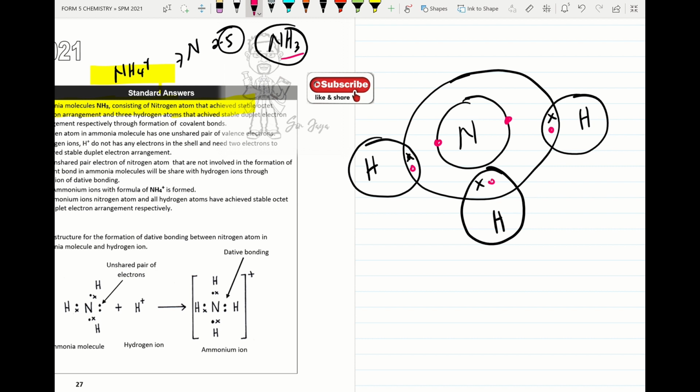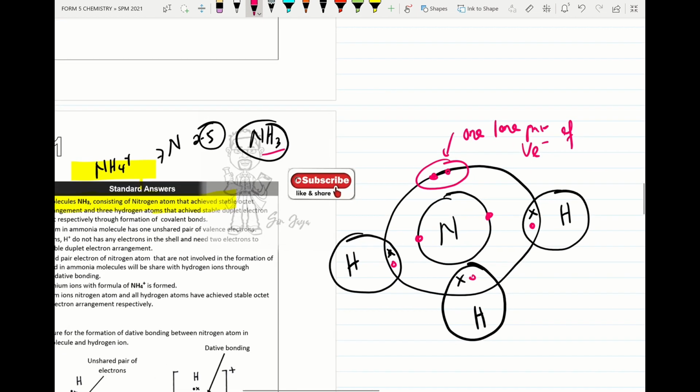So they share 3 pairs of valence electrons, forming 3 single covalent bonds, and the nitrogen atom has one lone pair, or unshared pair, of valence electrons. This lone pair can be contributed to the hydrogen ion. Please remember, the hydrogen ion does not have an electron in the shell, and it needs 2 more electrons to achieve a stable duplet electron arrangement.